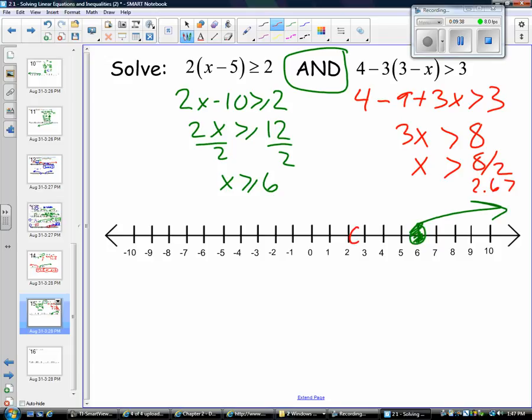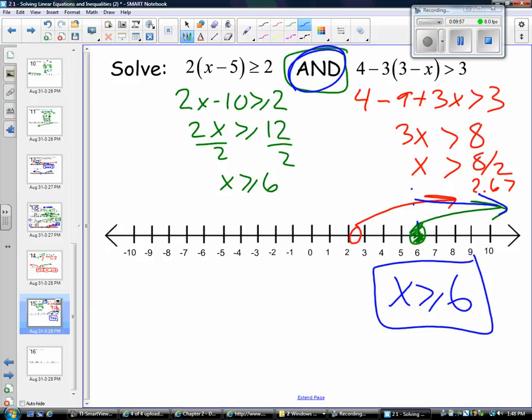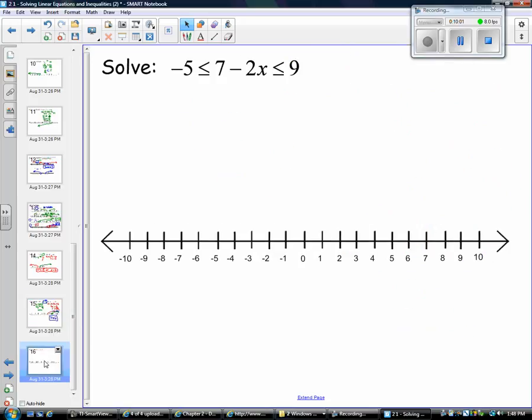So I'm going to put an open circle here, and then my line to the right. Now because this is an and, I'm saying where do these two lines overlap? Well, they only overlap from 6 on. So that is my final answer.